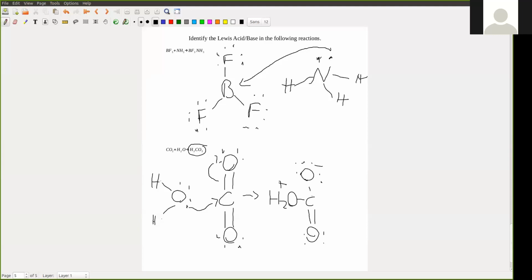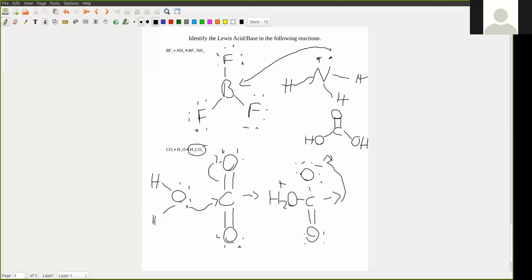And then what you have is what's called a hydride shift, where one of the hydrogens on H2O jumps up to this negatively charged oxygen. So you end up with, actually, I'll draw that up here just because I have a little more room. What you end up with is carbonic acid. You end up with that.